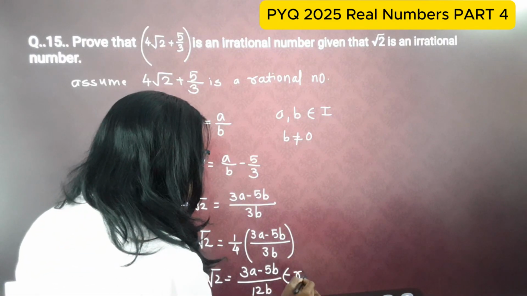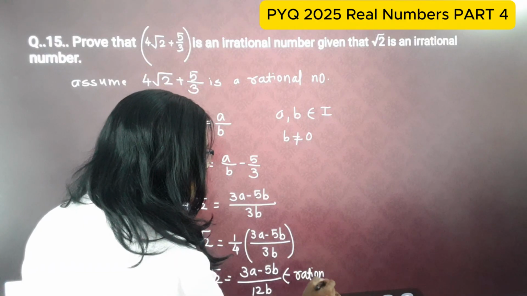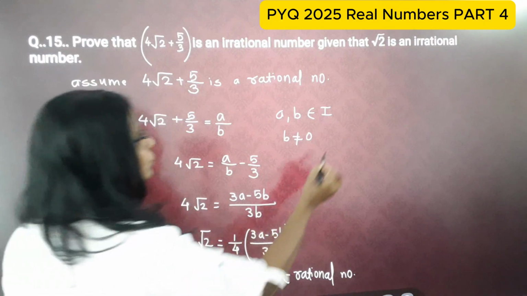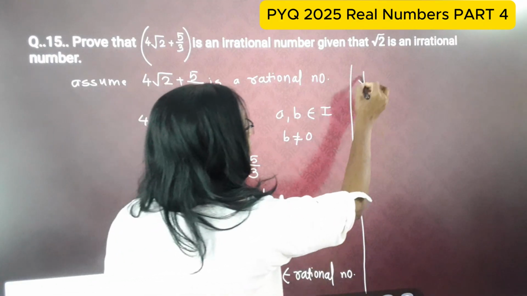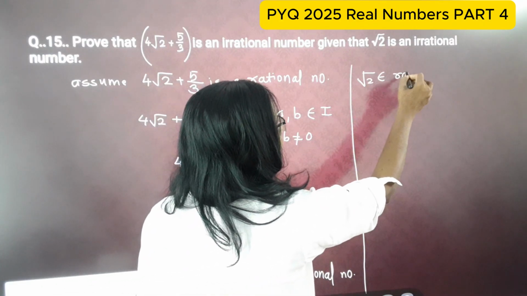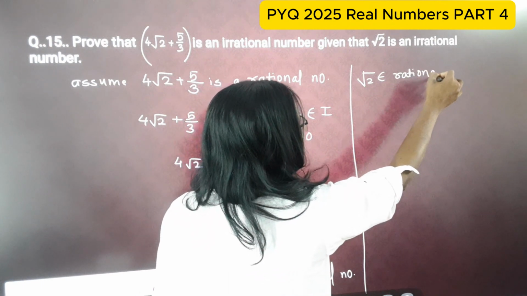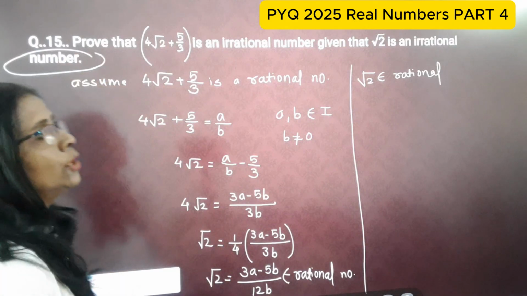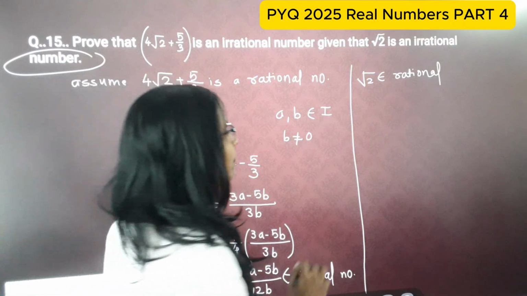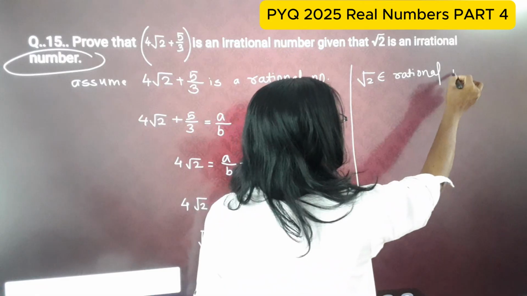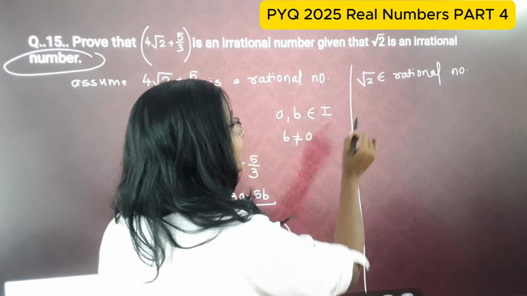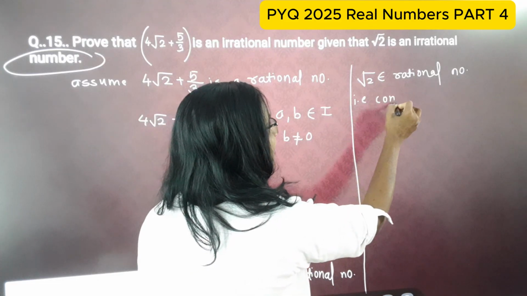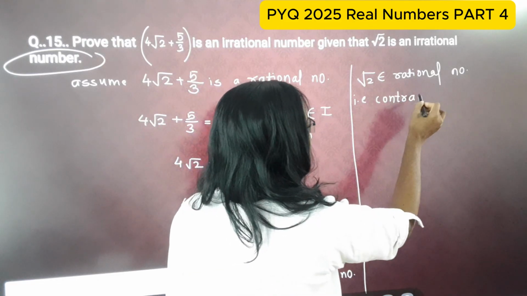But root 2 does not belong to the rational numbers, because root 2 is an irrational number. So root 2 would belong to the rational numbers, and that is a contradiction.